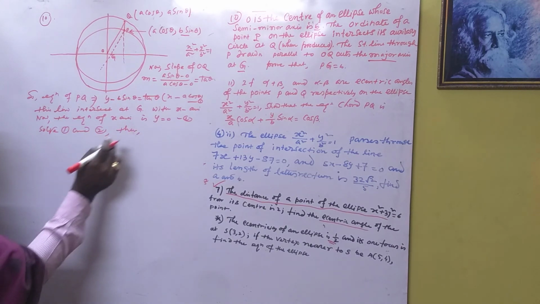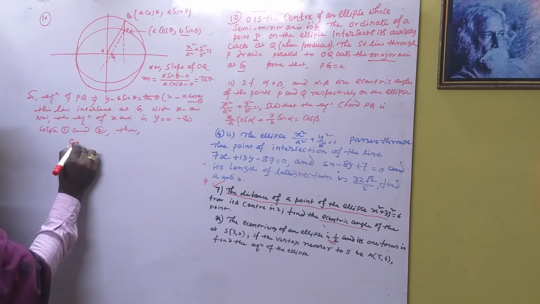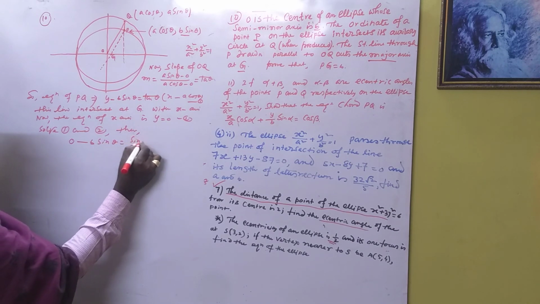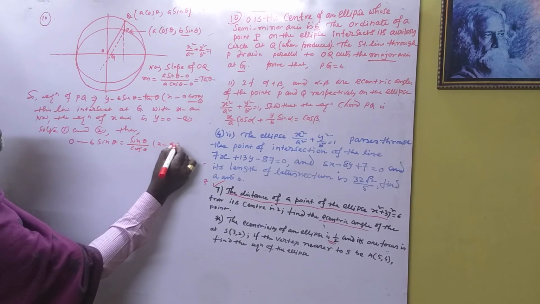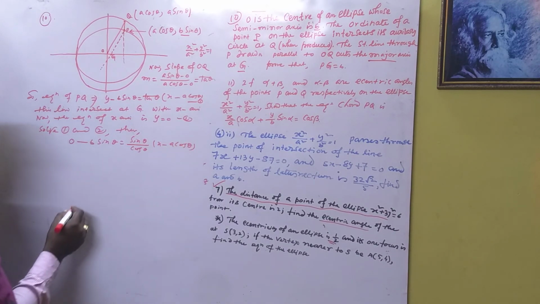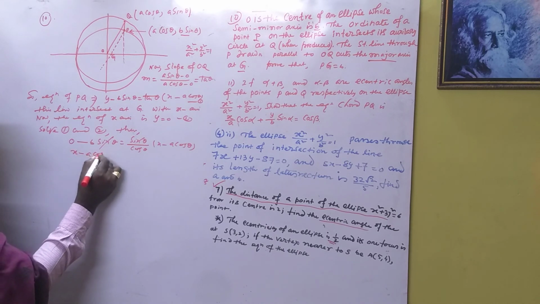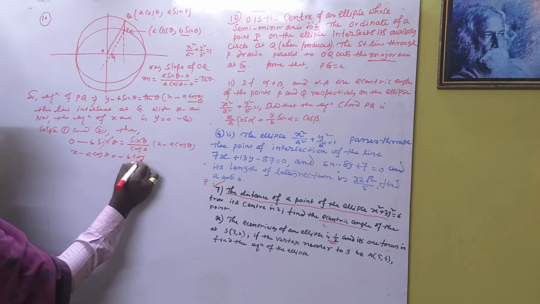Then we can put here 0 equals minus B sin theta plus sin theta by cos theta into (x minus A cos theta). So sin cancels, so x minus A cos theta is equal to minus B cos theta.